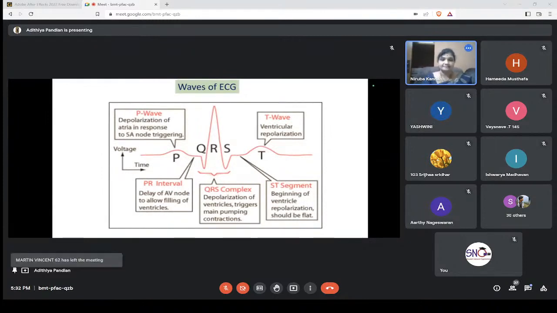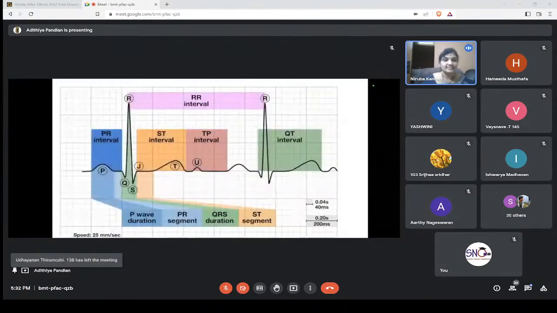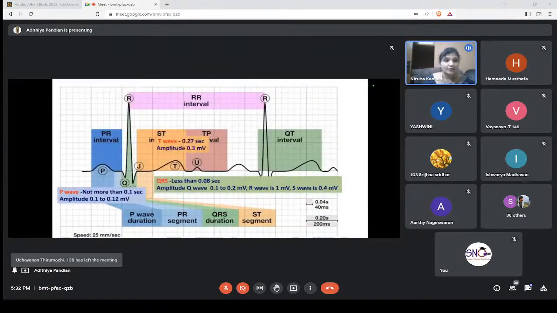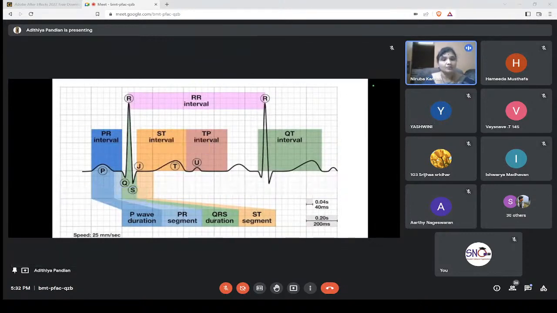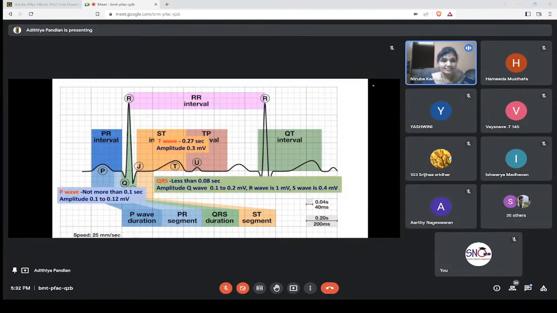The next slide, please. Next slide. Okay, these are the waves and durations. The next. Okay, good. The P wave is not more than the previous one. We'll just have a small brush up of it. Everybody must know this table. You must know the duration of the P wave.